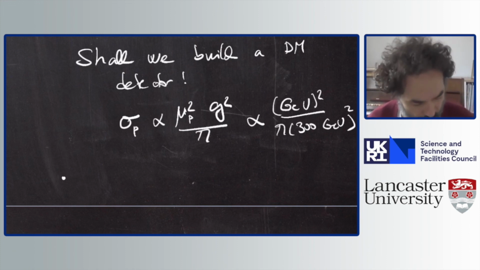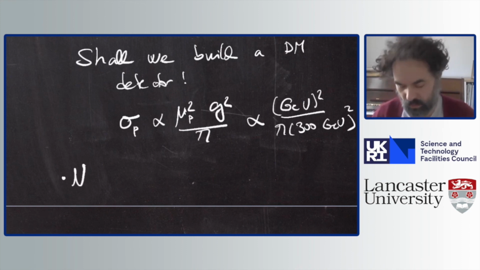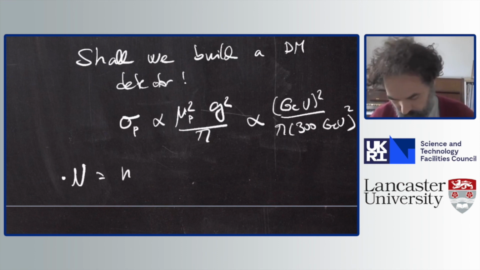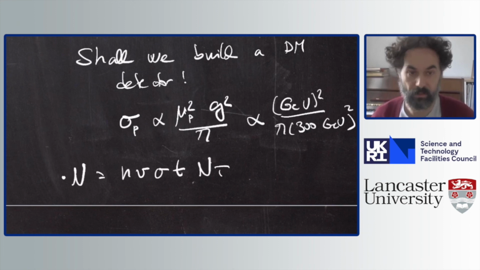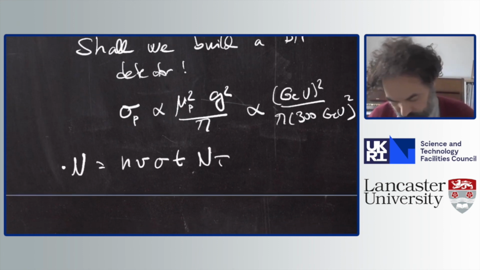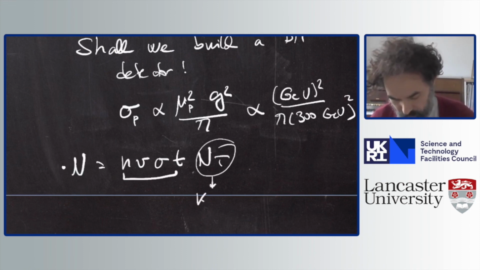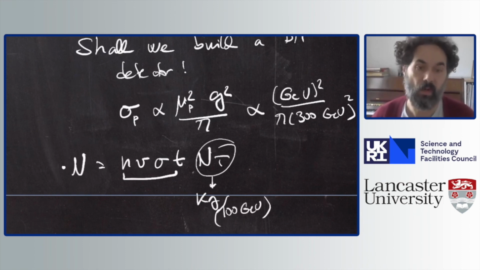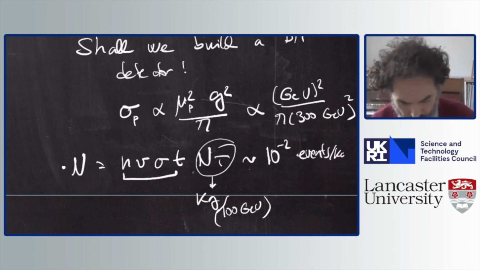The number of events for this candidate is given by the scattering rate, multiplied by time, which is 1 day, and the number of targets in the detector. If you plug in the previous numbers, for 1 day, and take the number of targets in the detector as a kilogram per 100 GeV, which is the typical mass of a nucleus, you find 10 to the minus 2 events per kilogram per day.